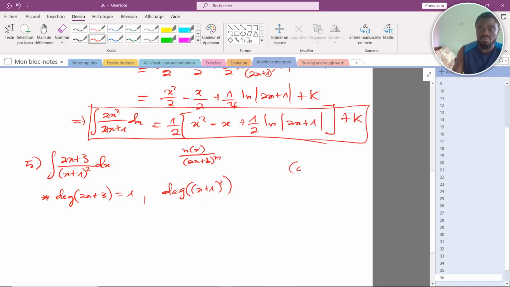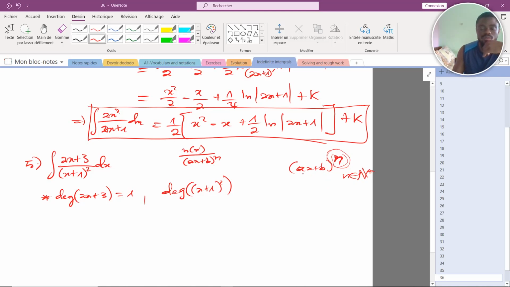So if I have, for example, (ax + b) to the n, the highest power of x will always be this n, if n is a natural number different from 0.